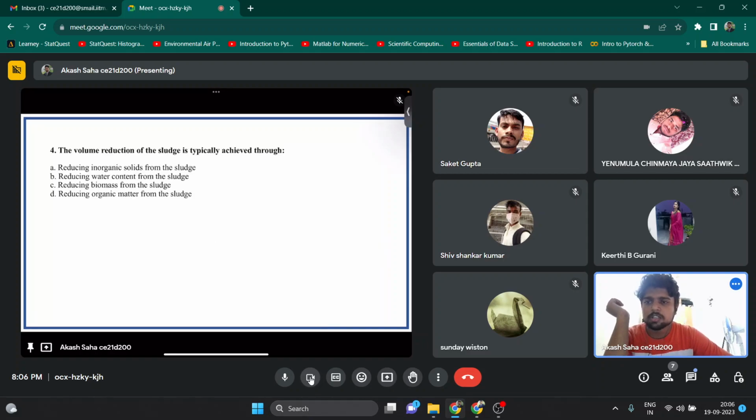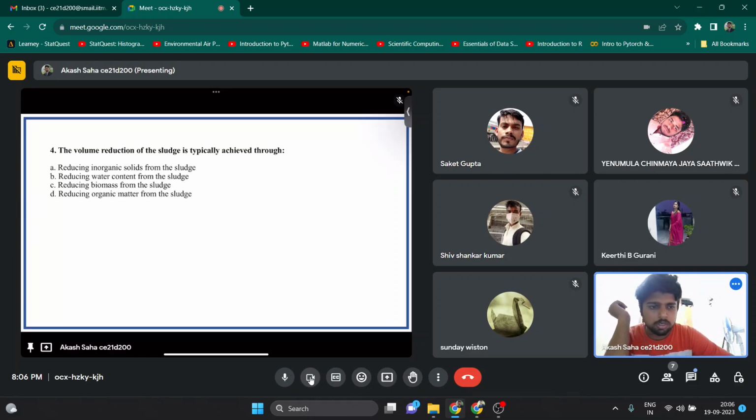Next question. The volume reduction of sludge is typically achieved through reducing the inorganic solids, reducing the water content, reducing the biomass, or reducing the organic matter. For volume reduction of the sludge, which is the major component? So first tell me, sludge is made up of what materials?